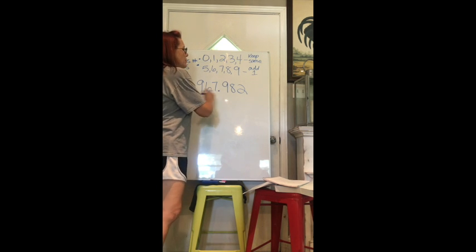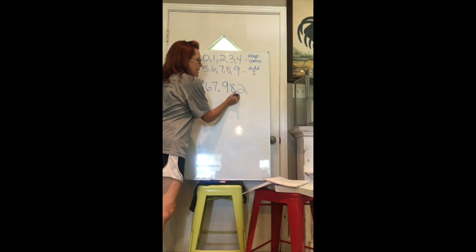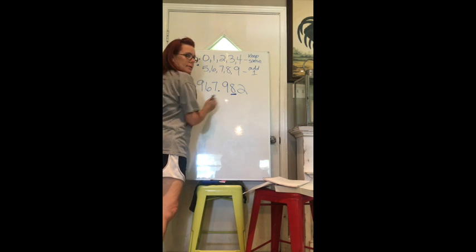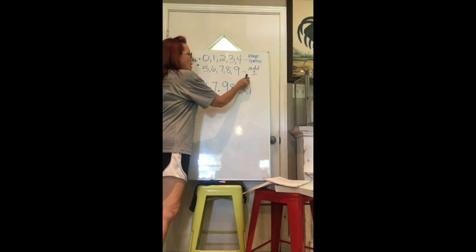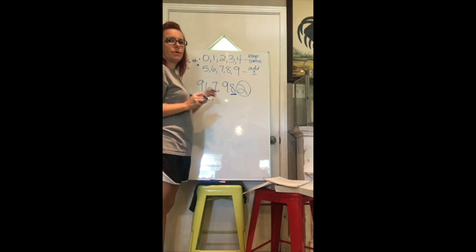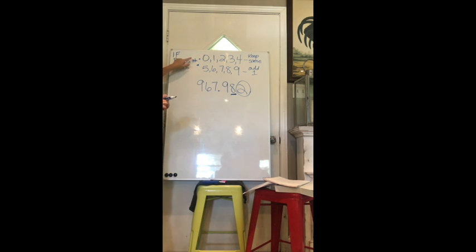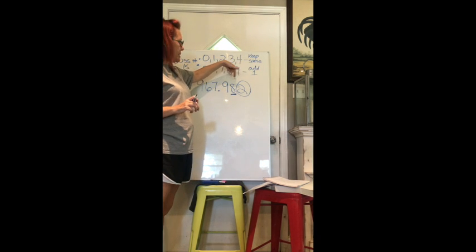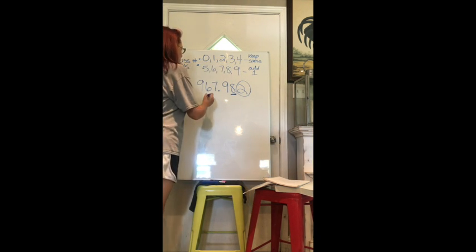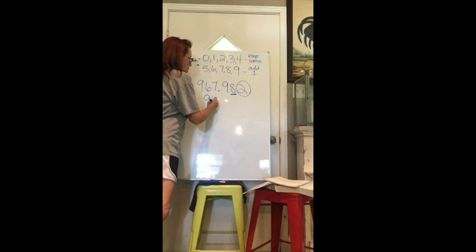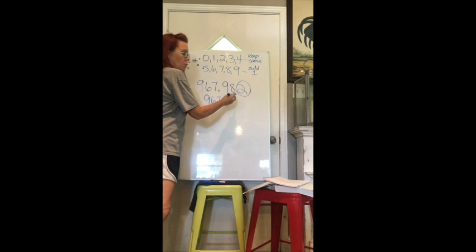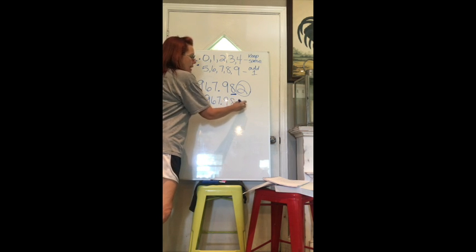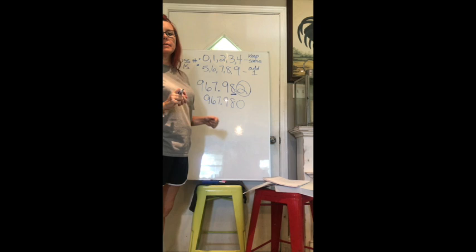Okay? I'm going to look at my number, and I know that this 8 is in my hundredths place. So I know my boss number is a 2. Now, if your boss number is a 2, we're going to keep this number the same. So I write down everything in front of my decimal. My 8 remains the same, and everything else becomes a 0.